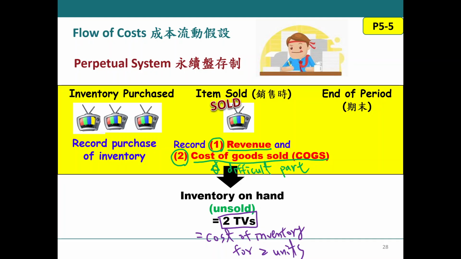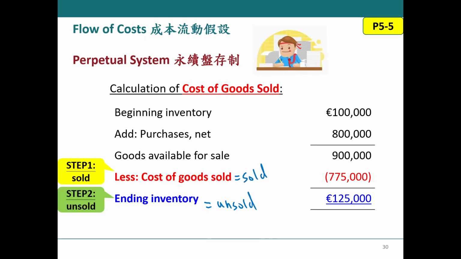Then I can get, okay, I still have inventory left, 2 units, how much? So you got this number each time inventory is sold. You are a hard worker. You will try to get a number, okay?